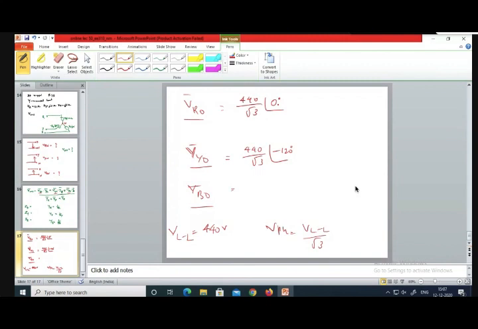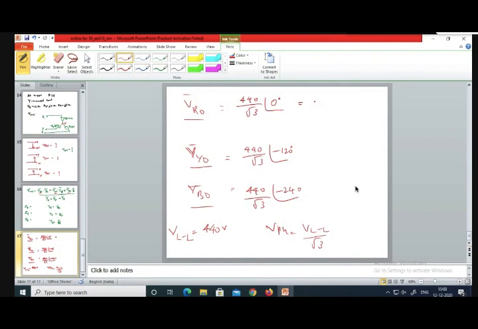So the angle between the R phase and the Y phase is minus 120 degrees. Clear? Now, what is the displacement between B and the reference phasor R? It is nothing but minus 240 degrees.